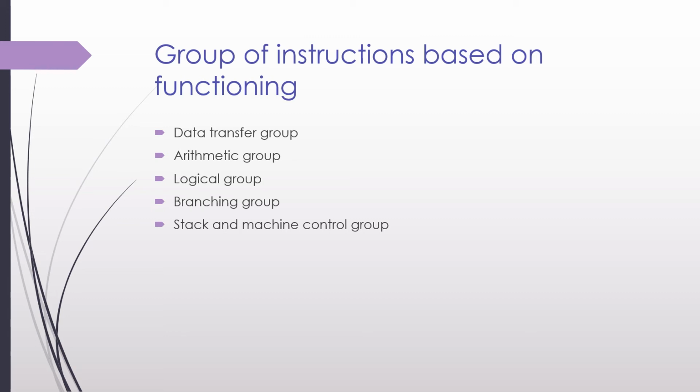Or else halt, or disable interrupt, or enable interrupt. All these kinds of instructions come under the stack and machine control group. They are put together where one part is related to stack operation, and the other part is related to machine control.